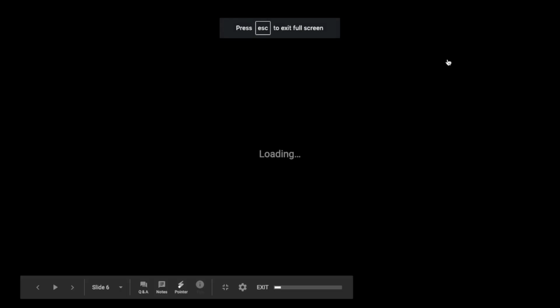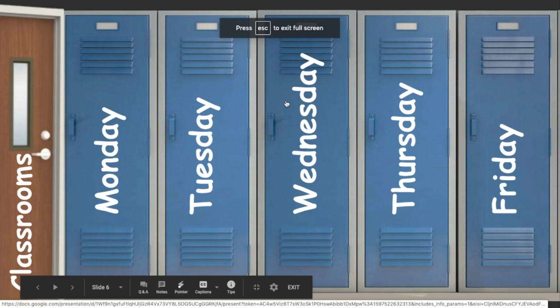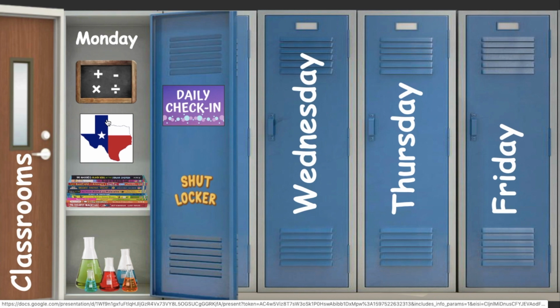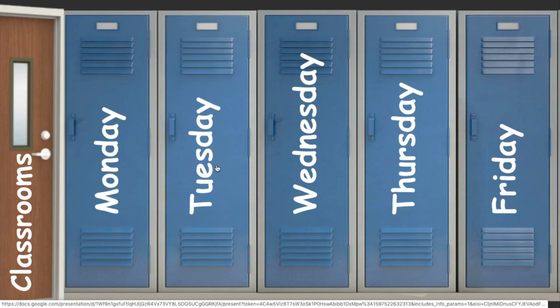So when I present, if I click anywhere else over here, if I try to click on these slides, it won't let me because it's really just clicking on the link to go to the same slide I'm already on. But I can go to Monday, open that, shut it to come back to this page.